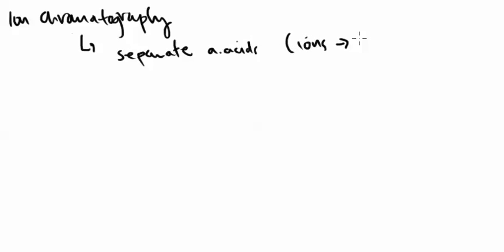So I first want to talk about ion chromatography. Just like thin layer chromatography, this is separation again. So we're going to see that ion chromatography will separate the amino acids from each other, just like TLC did, but we're playing off of ions here, and when we play off of ions, we're looking at charges again.